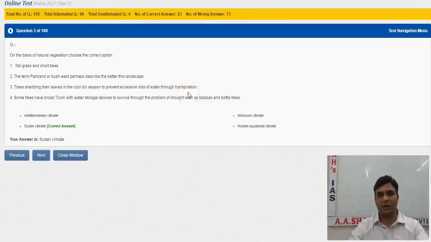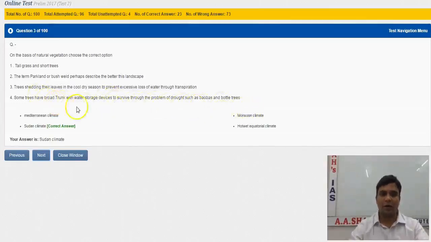अब कहाँ होता है? कौन सा ऐसा एरिया होता है जहाँ पे trees will actually economize their usage of water? कब होगा ऐसा? जहाँ पे water का shortage होगा. अगर water का shortage है तभी करना पड़ेगा. मतलब definitely we are talking about a dry season, dry landscape. If you look at statement number 4, some trees have broad trunk with water storage devices to survive through the problem of drought, such as baobabs and bottle trees.